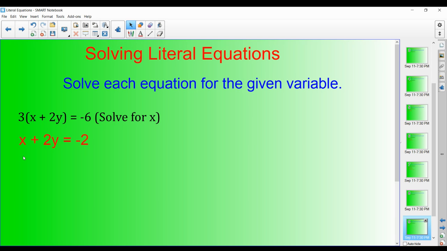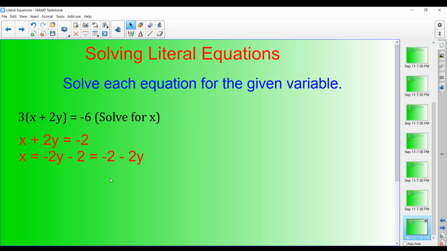Our goal is to get the x by itself, so we're going to subtract 2y to undo the positive 2y, subtract 2y on both sides, and get x equals negative 2y minus 2, or if you have it using the commutative property in the other order, negative 2 minus 2y. And this also gets x by itself.